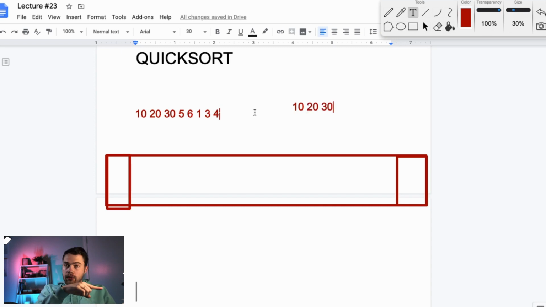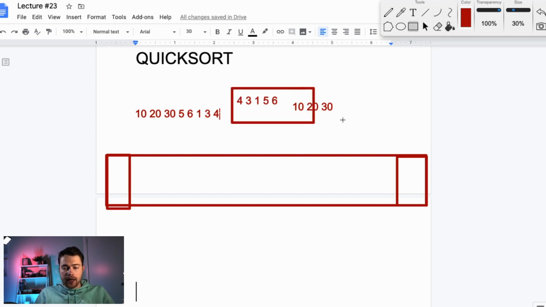And on the left of 10 are going to be the elements which are less than 10, not necessarily sorted. For example, they can be 4, 3, 1, 6, 5, 6. That's my array after the first iteration.